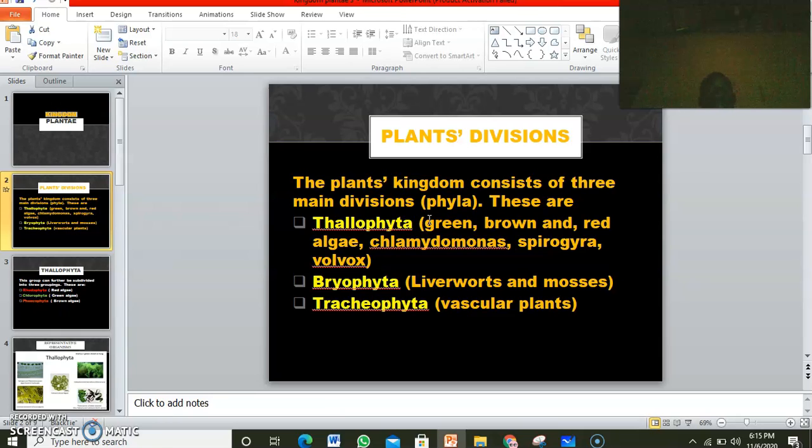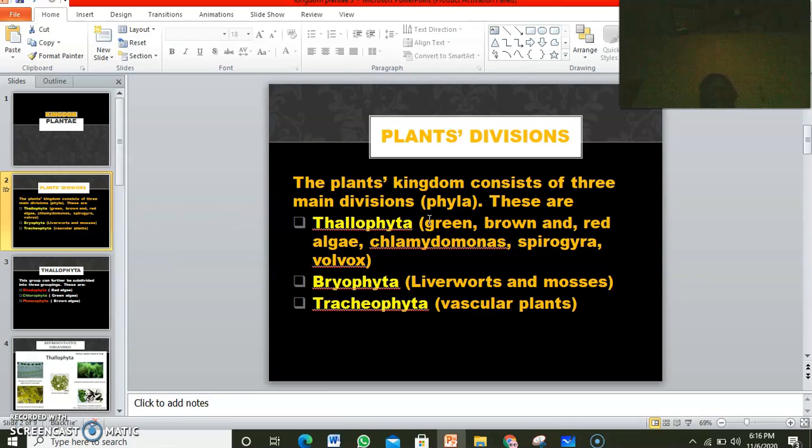Then we have other plants that are called Bryophyta. They are usually simple plants, somehow more complex than Thallophyta, and they include liverworts and moss. Then we have Tracheophyta. Tracheophyta are actually the higher plants.